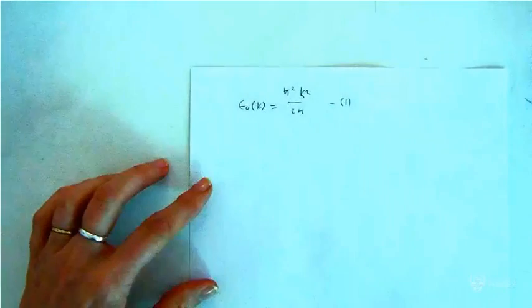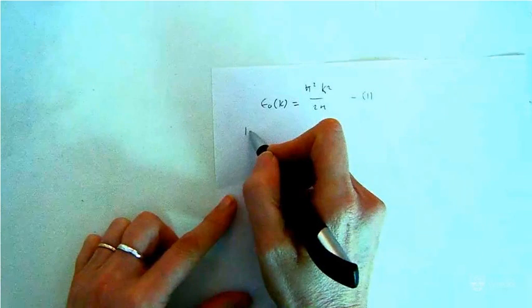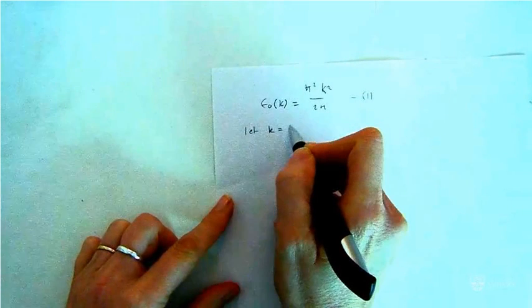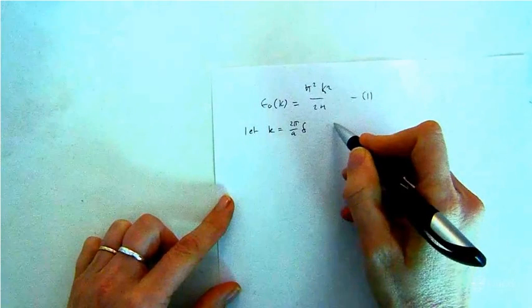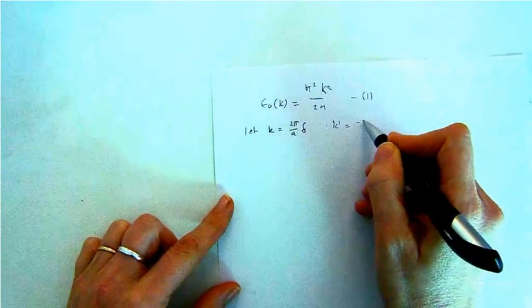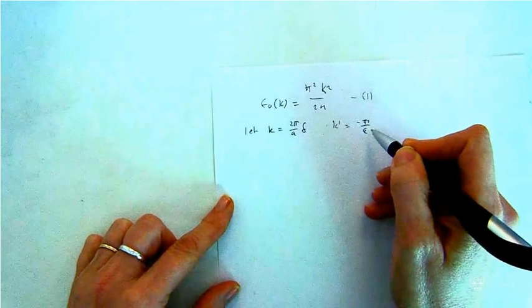And so what we are doing, we're going to just let k equal 2 pi over a delta, and k dash equal minus pi over a plus delta.